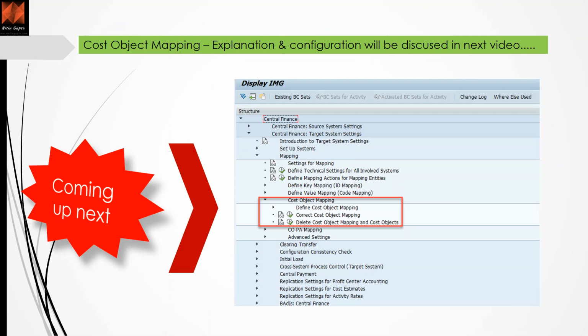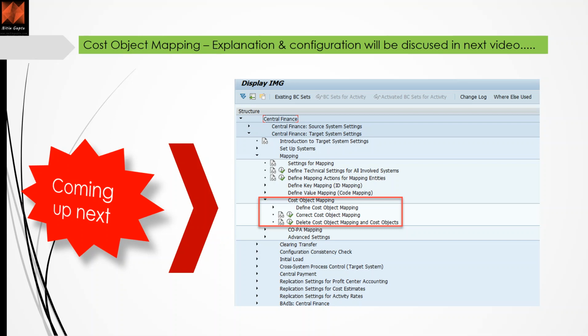This way we covered key mapping and value mapping, and how to manage, create, and delete the mappings. In the next video, we will be talking purely about cost object mapping. We will explain what cost object mapping is, how you create it, how you do testing, and if something is wrong, how you correct it.